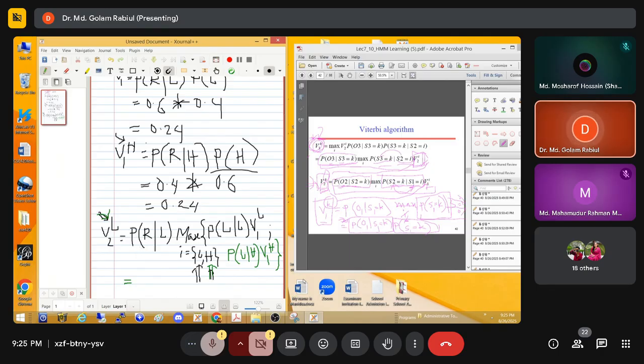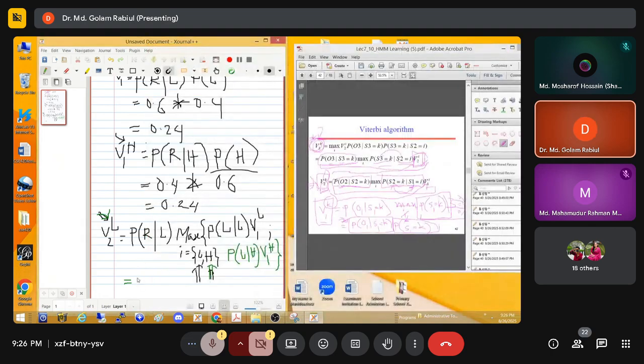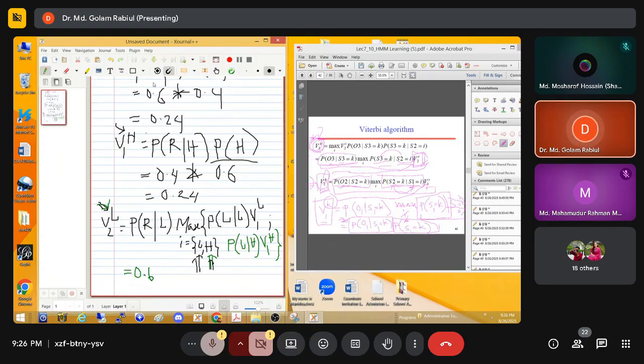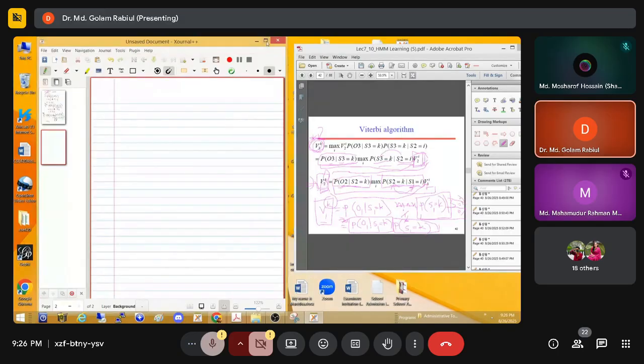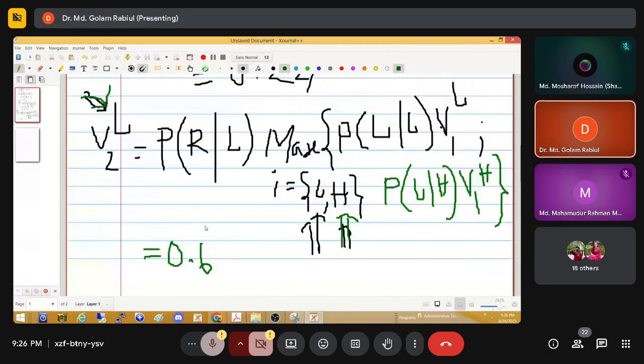Probability of R given L, the probability of rain given low atmospheric pressure, is 0.6. Then we have to apply the maximization.